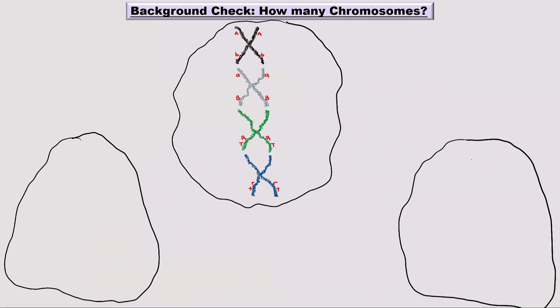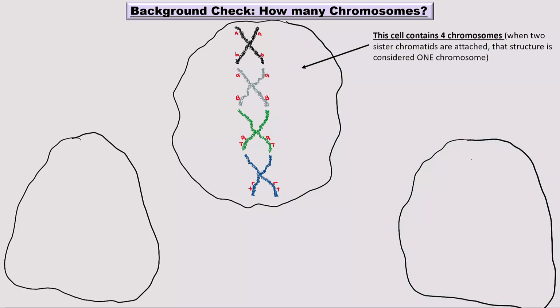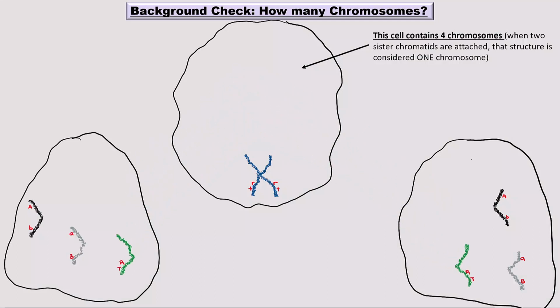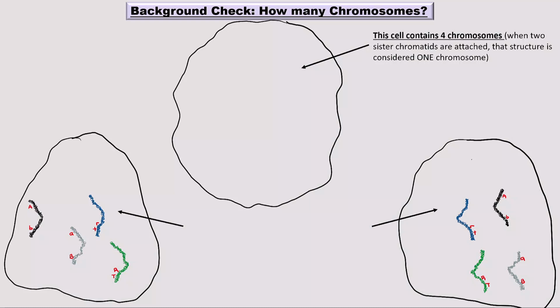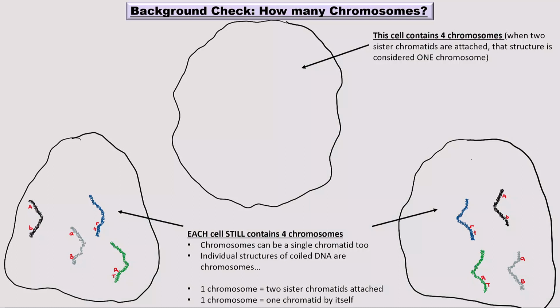Quick background check before we go into the next stage. This first cell in the middle with the chromosomes inside, this is 4 chromosomes. 4 individual structures of DNA. But when these chromosomes, or when the sister chromatids split and separate, they're going to make 2 cells that still have 4 chromosomes.